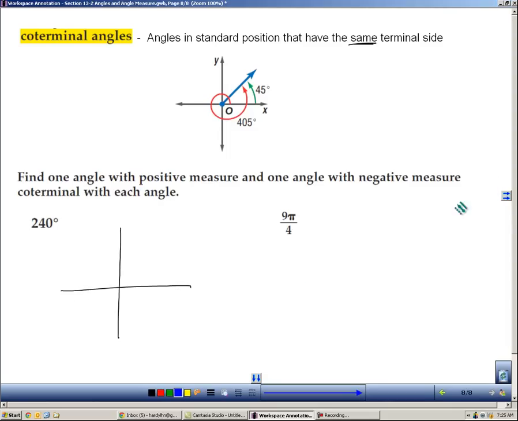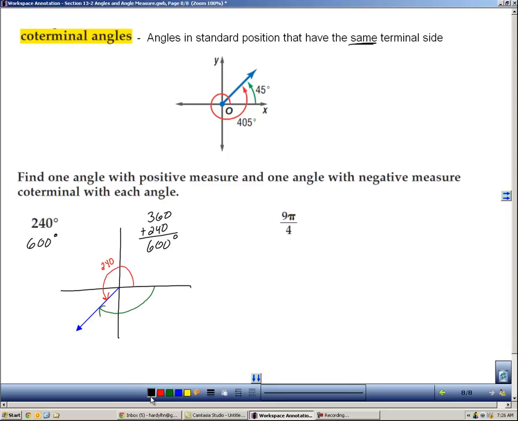If I do 240, that's going to be somewhere down here. Well, one way to make an angle coterminal is just to add 360 to it, because that means you're just going to go around the circle one full time and then go 240. So that would be a 600-degree angle. So I would say 600 is a good positive angle that is coterminal to 240. The other way would be to figure out how far around going clockwise I am.